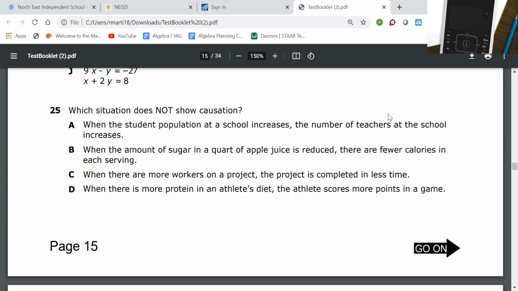No. Especially, what if you're playing football and you're a defensive tackle? You don't even score points in the game. What if you're playing golf? You want to score fewer points, because the lower the score, the better. So the whole question is stupid. I don't like it. But that's the concept of causation.